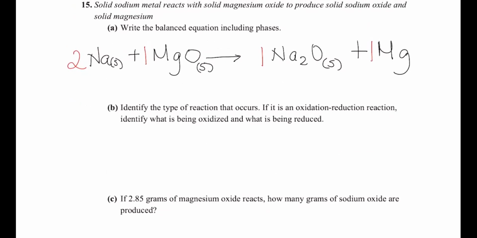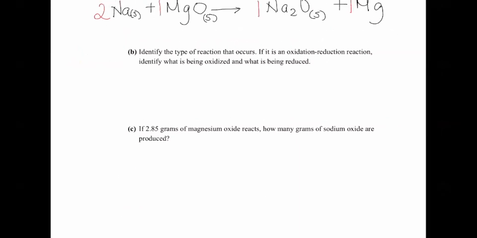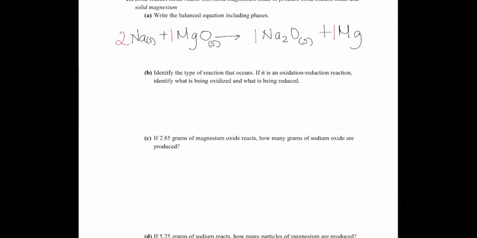So for letter C, see how it's saying grams of magnesium oxide. So that's what it's given. 2.85 grams of MgO. And I need grams of Na2O.